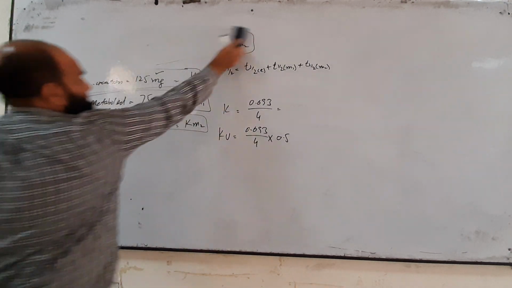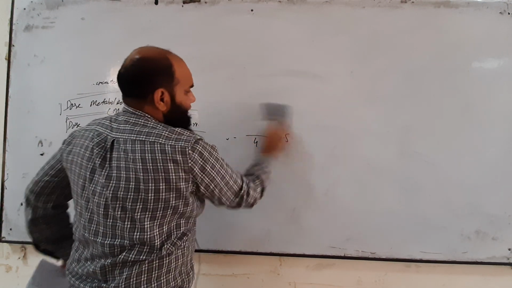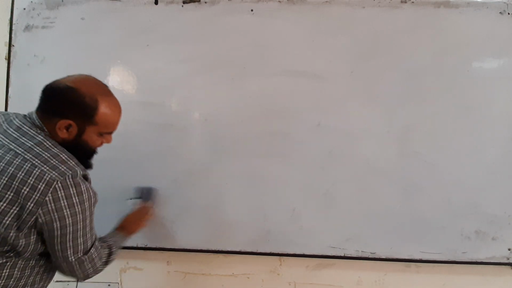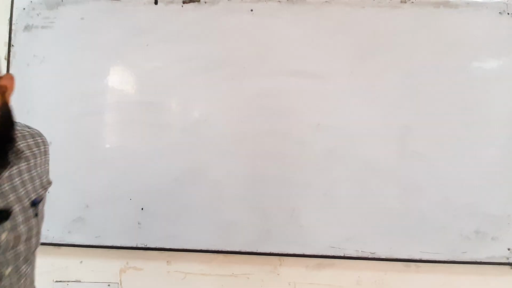Okay, another is, when we take the concentration of the half-life. Why are we using this half-life? We are using the parameter of half-life, which will be applicable for the calculation of some parameters.